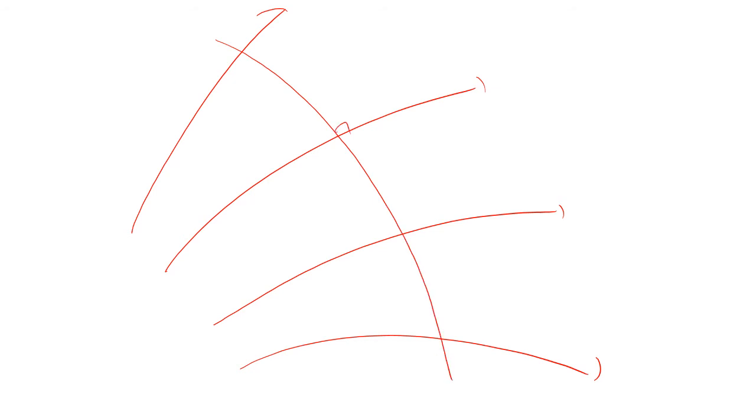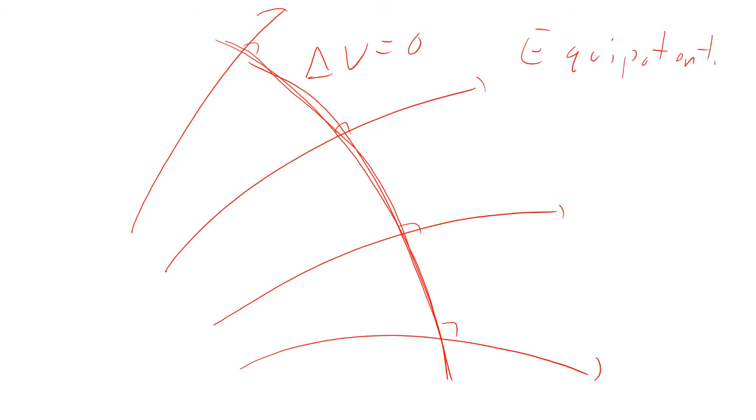In fact, if the electric field is curved like that, you can draw a surface that is always perpendicular to the electric field, and if you move along that surface, then the change of voltage is 0. We call that an equipotential surface. So if you move along an equipotential, you are moving perpendicular to the field lines.